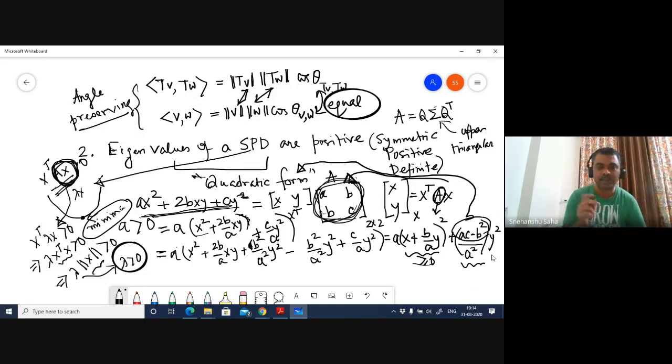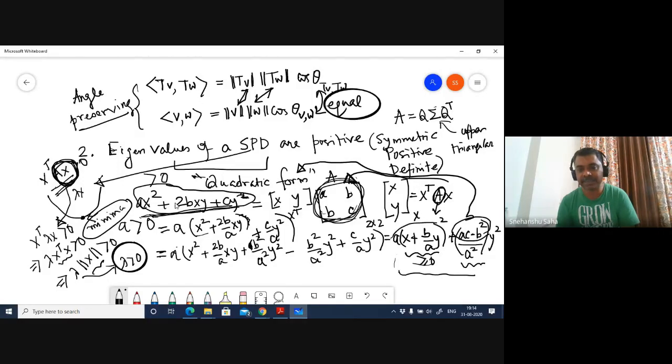What we wanted to show is that this left-hand side is positive, and we just used some basic high school algebra and wrote it down to this kind of a form.